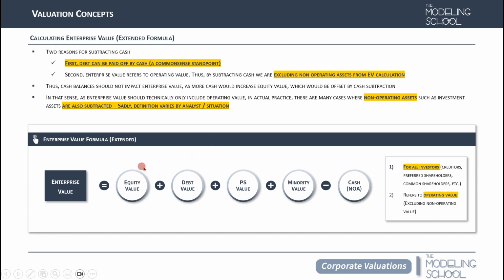What I'm trying to say is, the more cash you have, equity value is going to increase, but at the same time, the subtracted cash is going to increase. So they're going to offset. Technically, whether you have more cash or less cash, because it's a non-operating asset, enterprise value is going to remain the same. And similarly, other non-operating assets can be treated the same way.